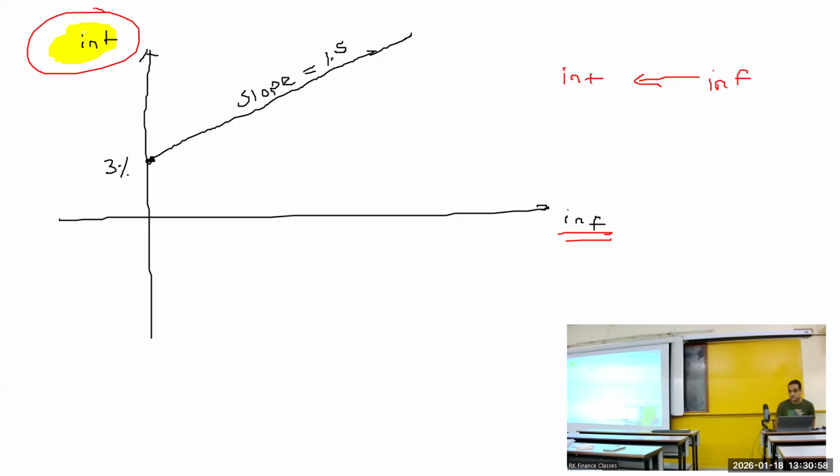That's the first conclusion. Second, if inflation is zero, even then the interest rates will still be 3%. So one is that inflation drives the interest rate, and second, in continuation, even if the inflation is zero, the interest rates are going to be 3%.